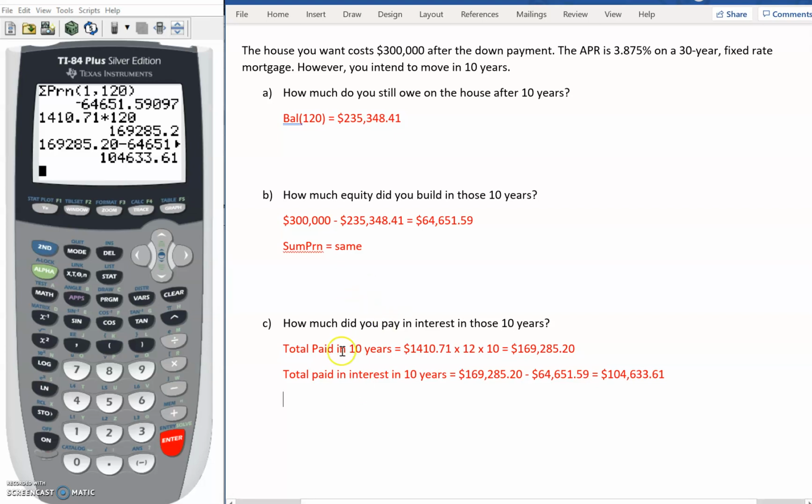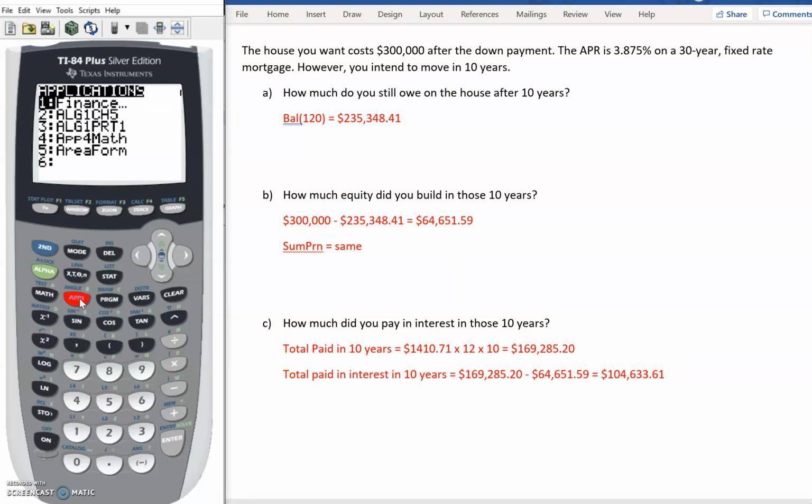Okay, but let's double check the function. We had the balance function for part A. We had the sum of the principal to figure out equity in part B. And if we go back to apps, finance, and instead of going into the solver, we'll scroll down. We saw earlier there was the sigma int, so the sum of the interest.